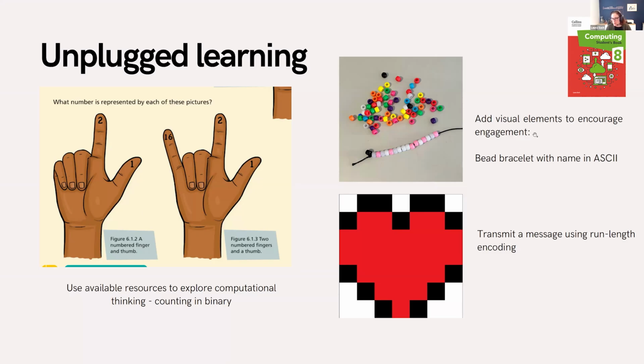This example here is a bracelet made out of beads with their name in ASCII. If you're teaching ASCII characters and how letters are represented on a computer, you can represent that in a very visual way by getting them to create a bracelet with the appropriate ASCII codes for their name, and they can literally wear their name.